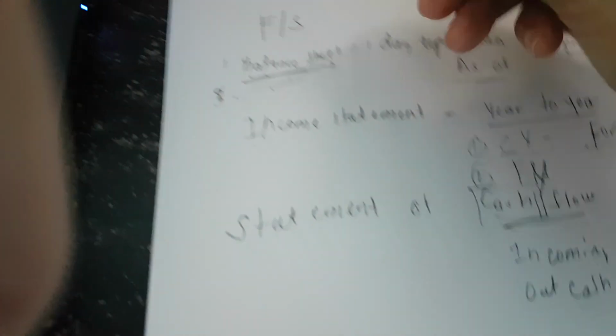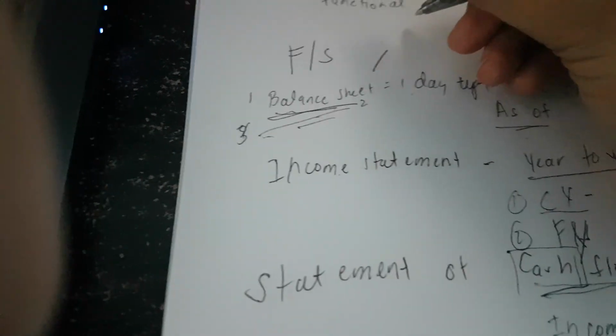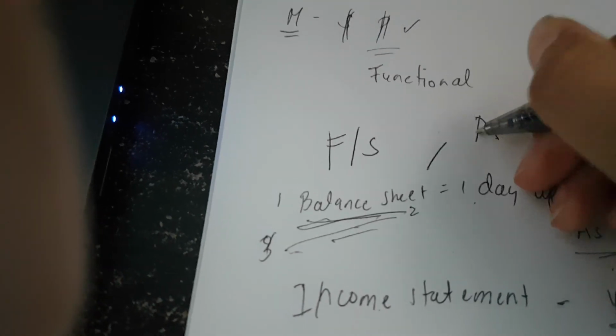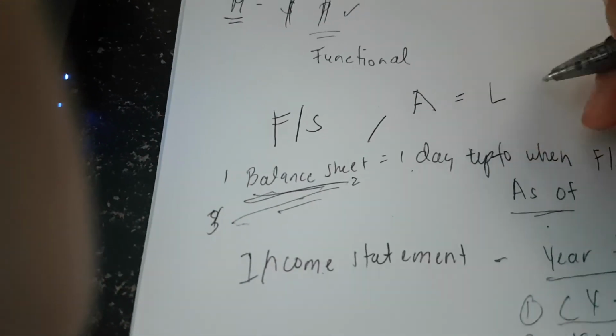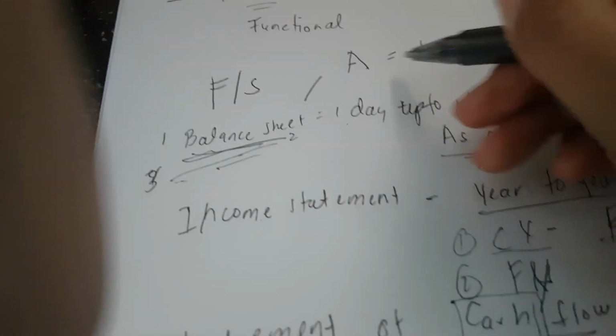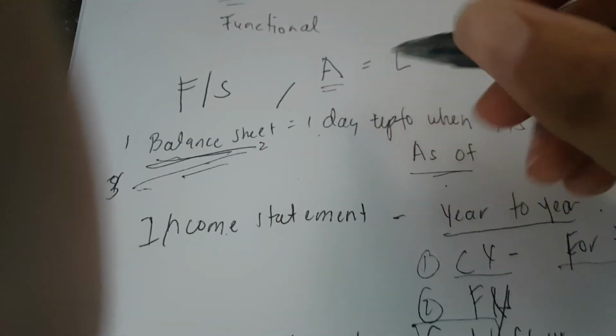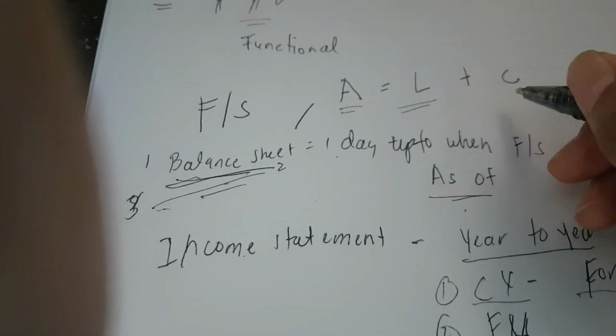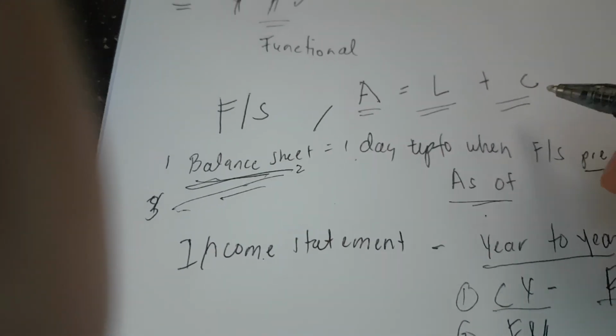The balance sheet usually has three elements. There is also an equation, which says that asset is equal to liability plus capital. Why? Take note, assets are the resources of the entity, and who finances the assets? These are our creditors, and of course, the owner also finances the entity.